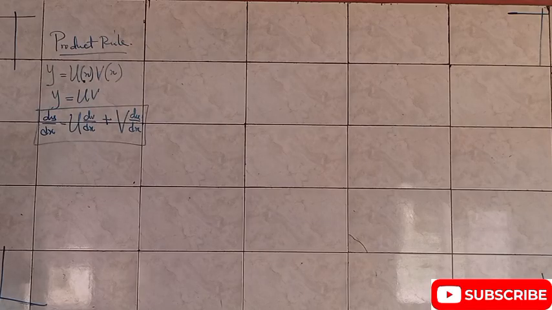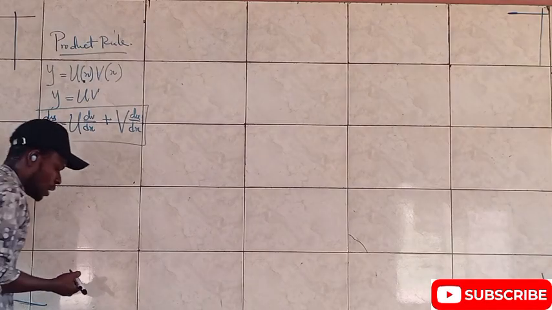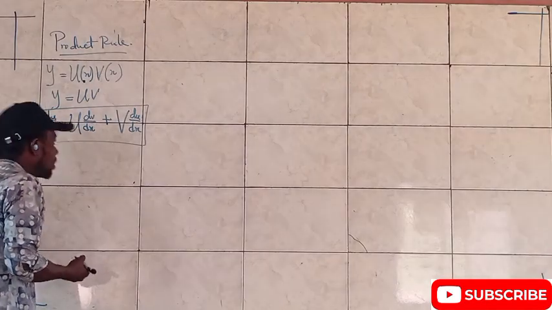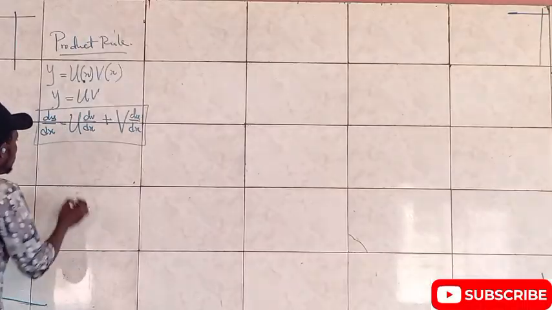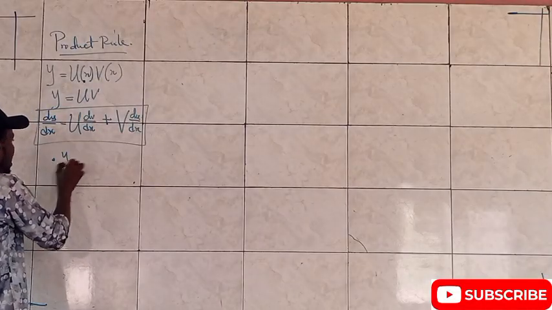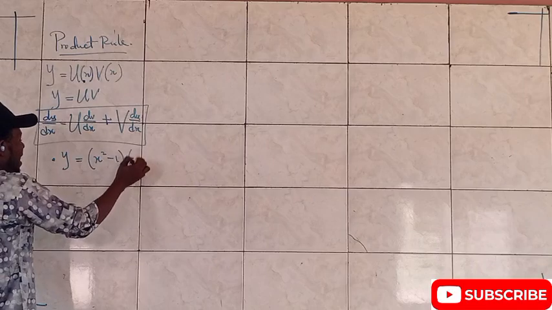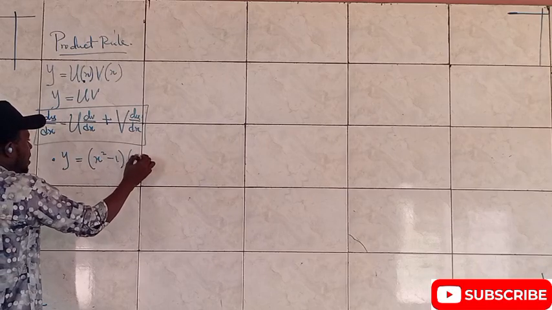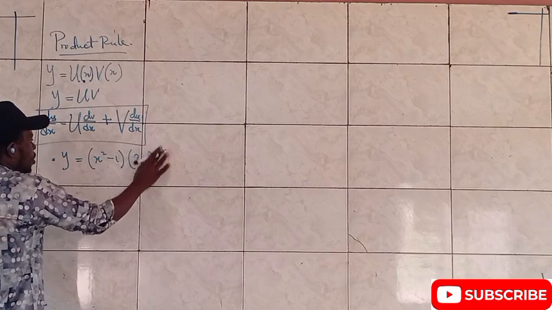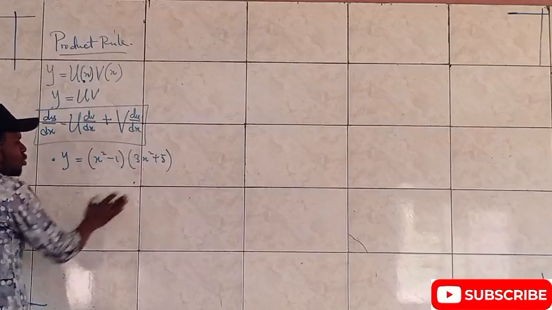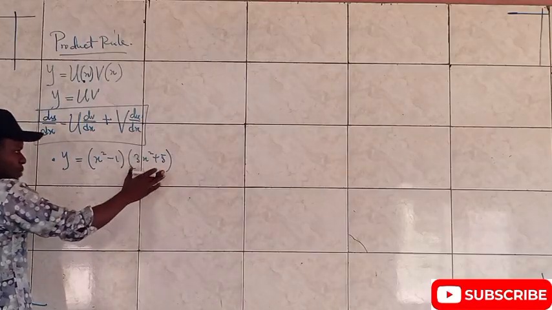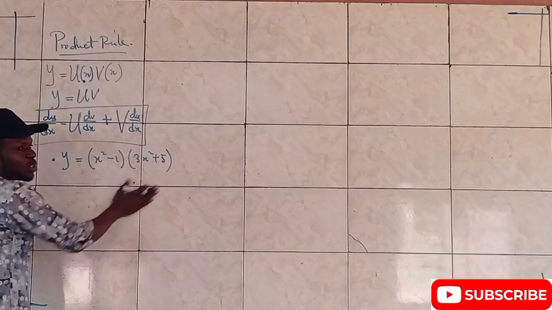The question is, when do I use it? Because there are many other concepts. The moment you have questions in this form, a function x squared minus 1 multiplying another function 3x squared plus 5, as the case may be, that is called a product. This bracket is multiplying this bracket, so I have no other option than to use the product rule.